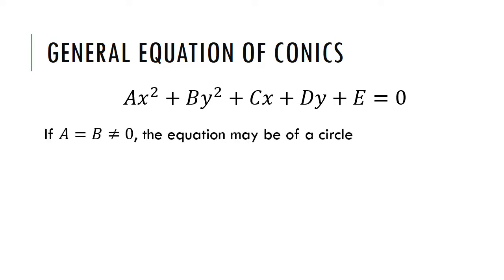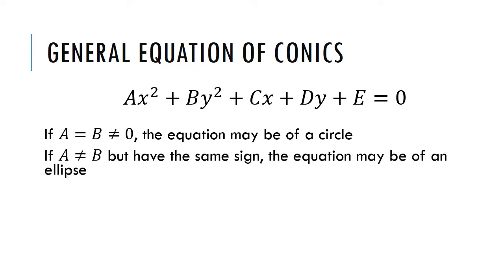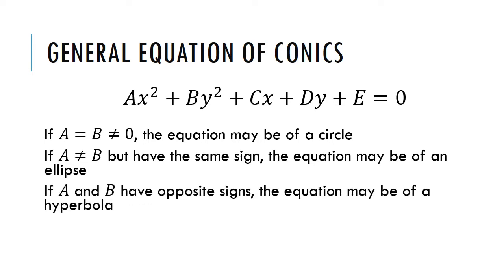If a equals b and both are not equal to 0, the equation may be of a circle. If a is not equal to b but they have the same sign, the equation may be of an ellipse. If a and b have opposite signs, it doesn't matter if they are equal or not, the equation may be of a hyperbola.